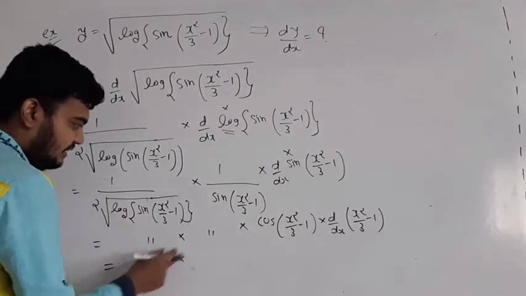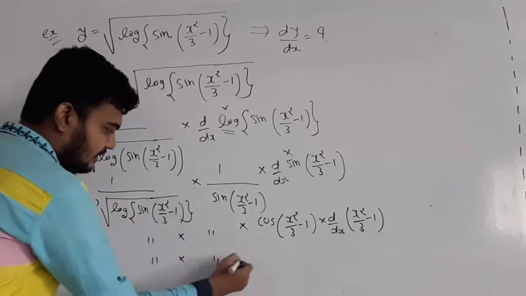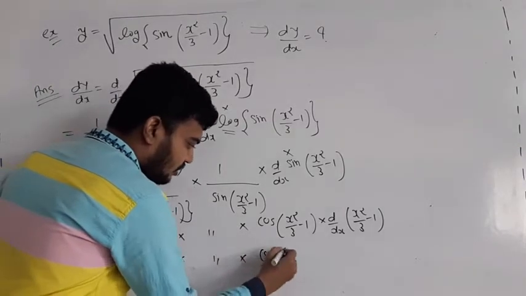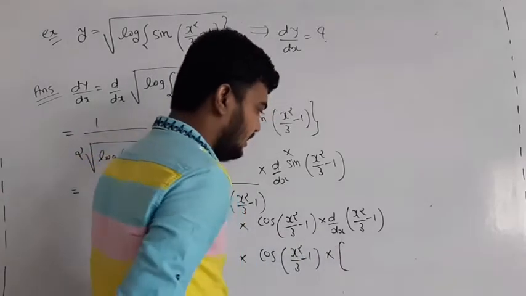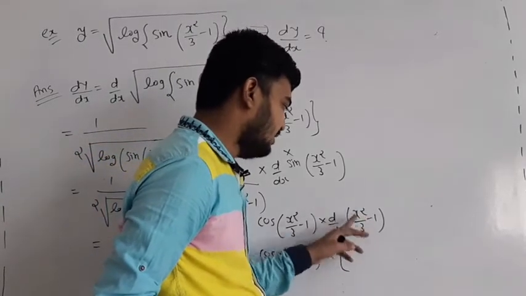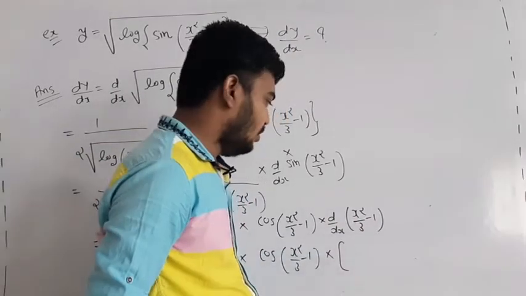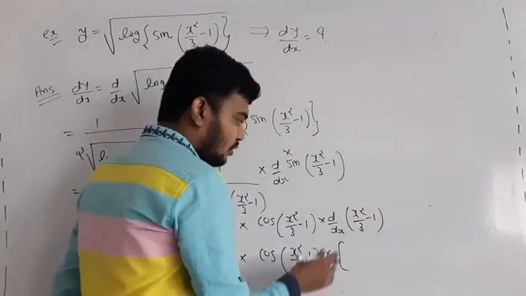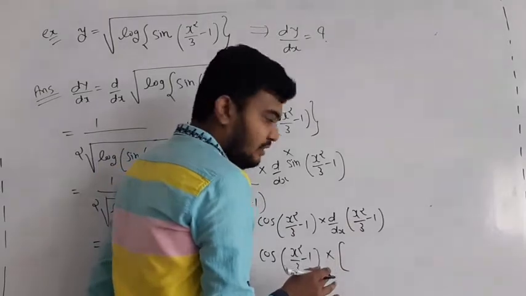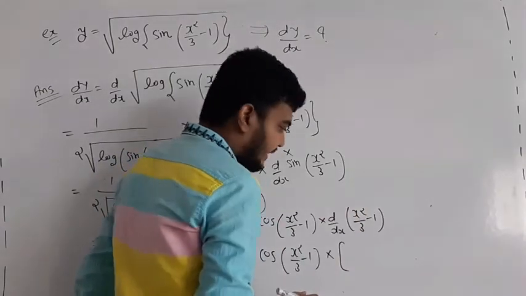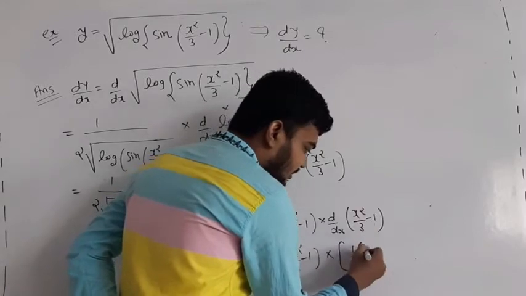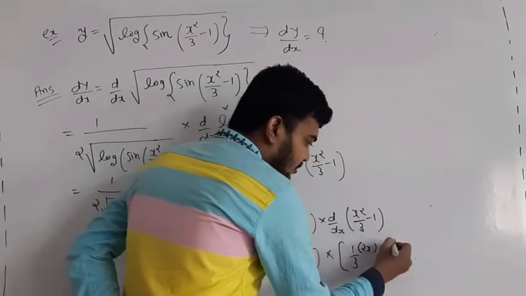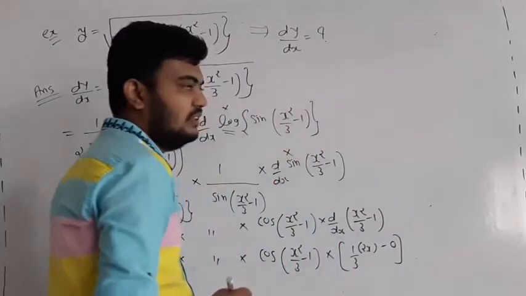So this term is as it is cross, this term is also as it is cross cos of x square by 3 minus 1 cross, here there is a minus sign between x square by 3 and 1, so we differentiate separately. So here 1 by 3 is multiplied with x square, so 1 by 3 as it is, and d by dx of x square is 2x, and minus 1 is constant, so derivative of constant is 0.